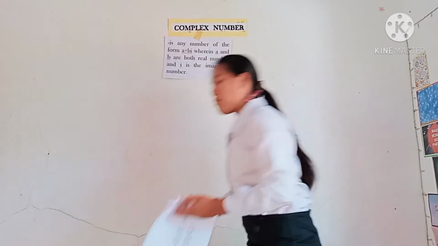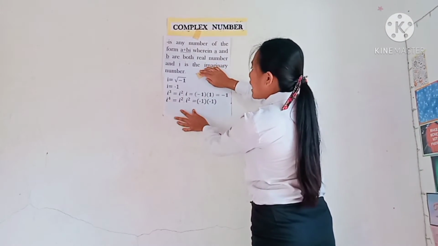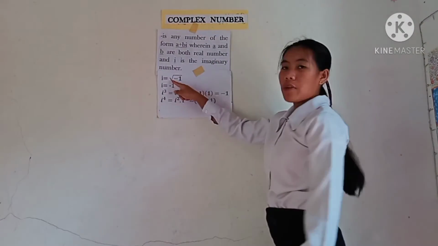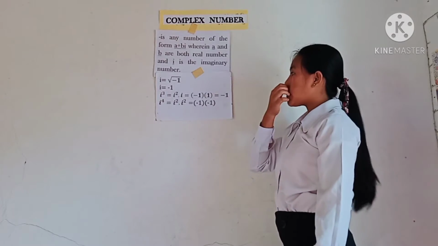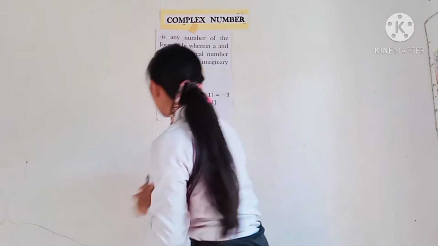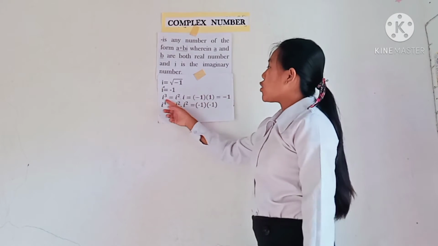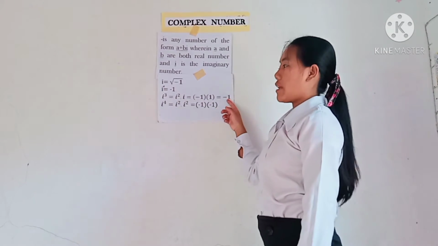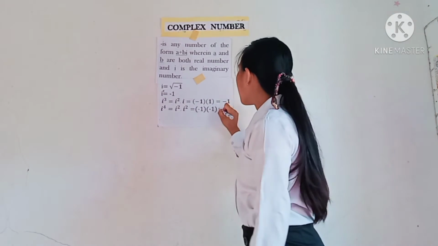In complex numbers, you have to remember these: i equals the square root of -1, i squared equals -1, i cubed equals -i, and i to the fourth equals 1.